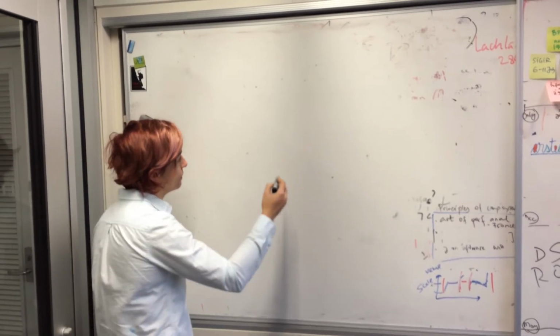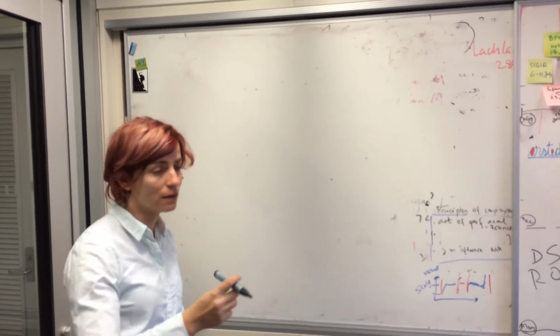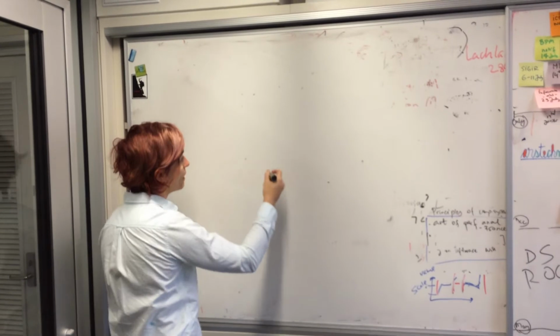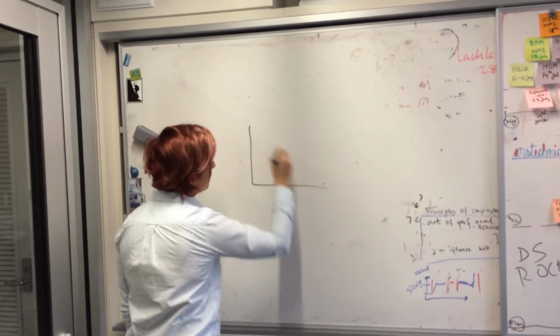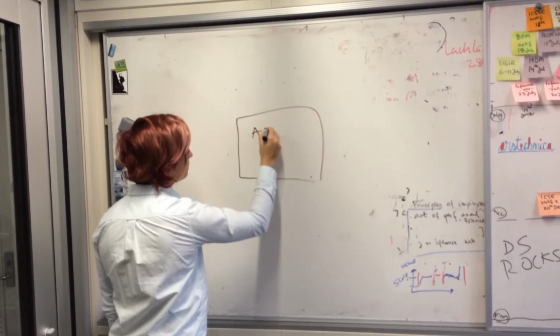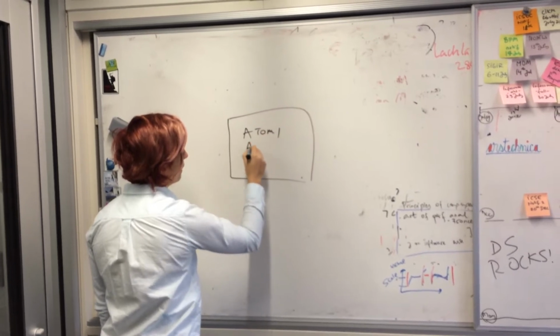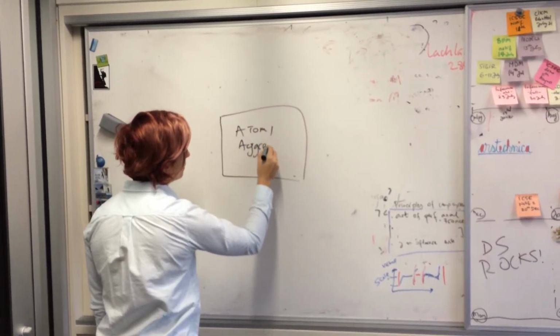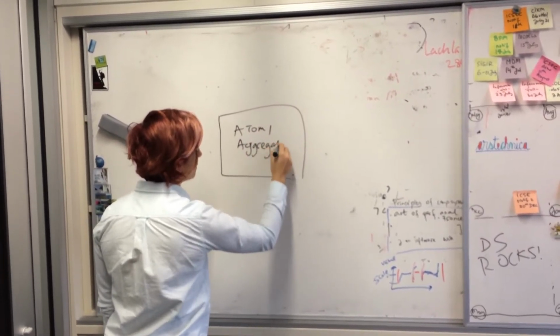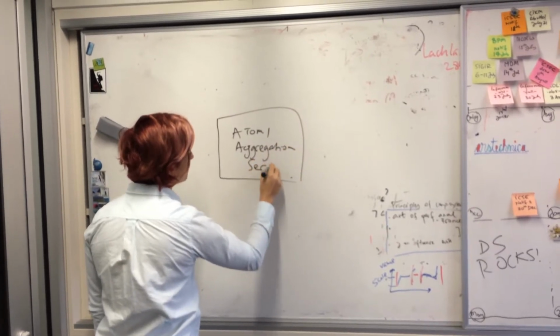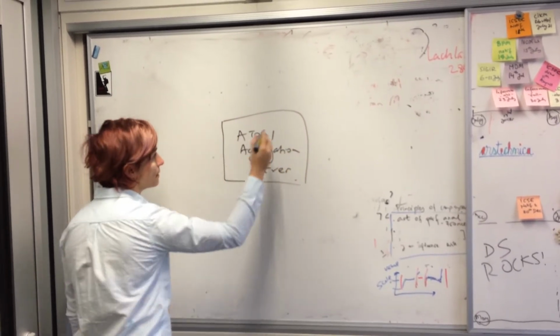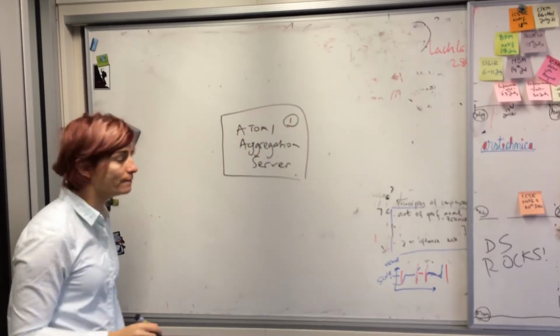Alright, so the main entities in Assignment 2, as we found out yesterday, are the Atom or aggregation server. Of this entity, we only have one.